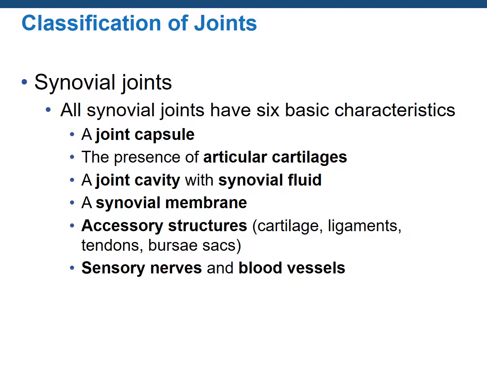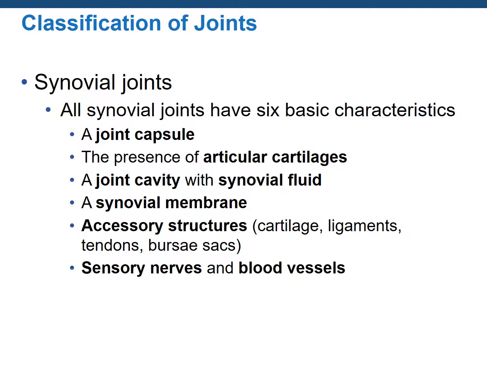Synovial joints all have six basic characteristics that they have in common. The first is a joint capsule. The joint capsule surrounds the entire diarthrosis joint. Next is the presence of articular cartilages. These articular cartilages are found at the ends of each bone and help to prevent excessive friction.